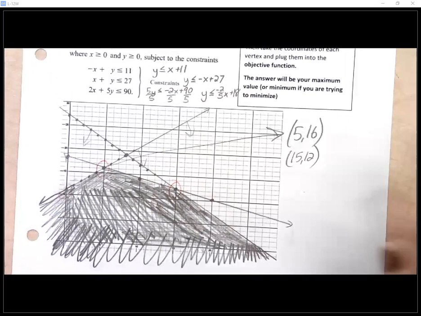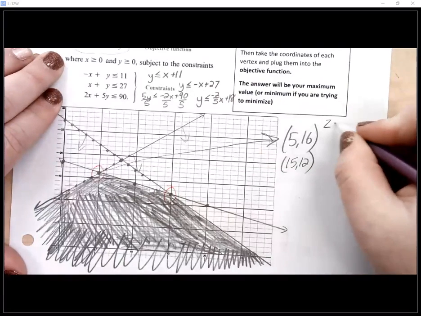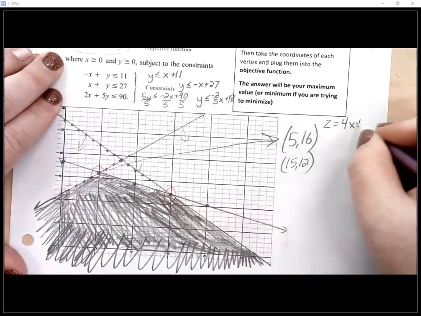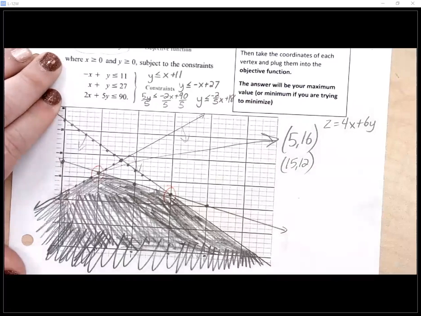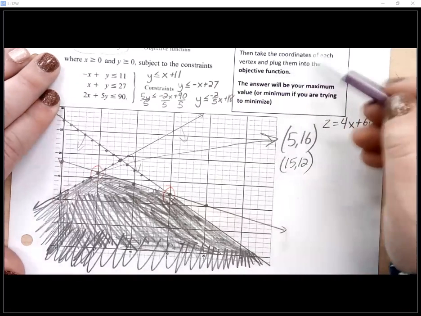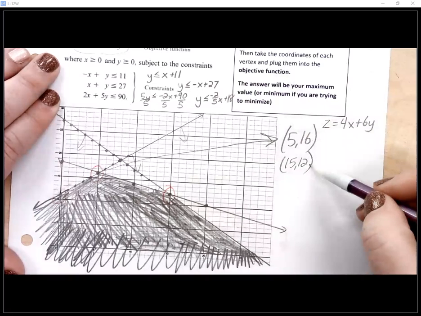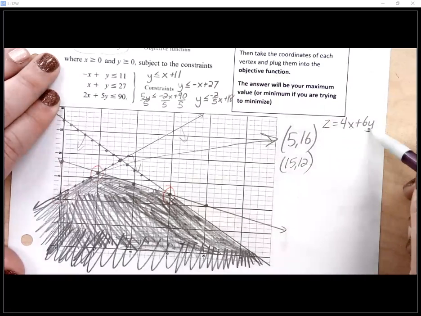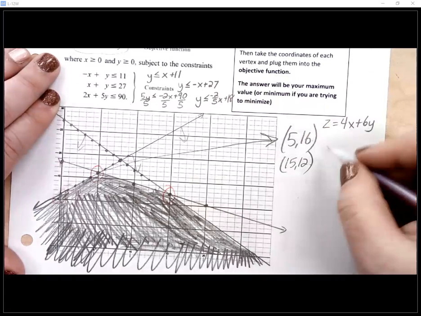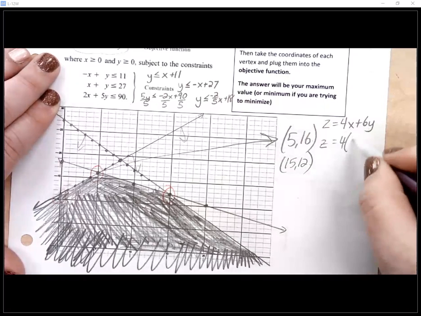I'm going to take that objective function, which was z equals 4x plus 6y. I summed this up in the box too, so if you're looking back on this later. All I have to do is take both of these coordinates, plug them in for x and y, and see which one's going to give me a greater value. Isn't that neat?